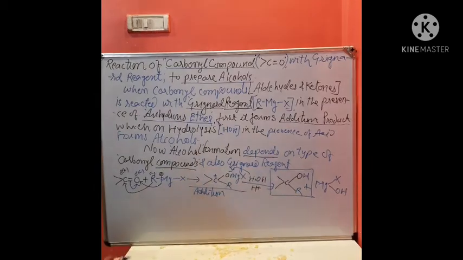Now if we change the carbonyl compound one by one, I am not writing the chemical reaction, I am directly writing the chemical equation. The carbonyl compound is expressed by formaldehyde, HC double bond O and H. This is formaldehyde.